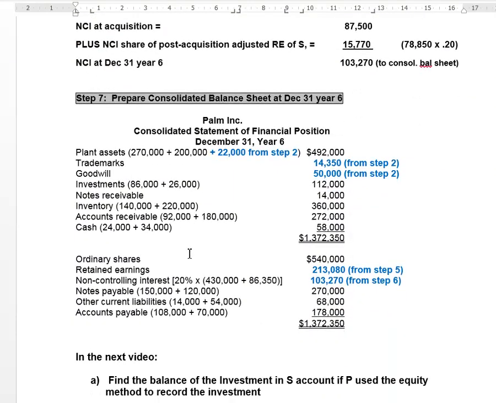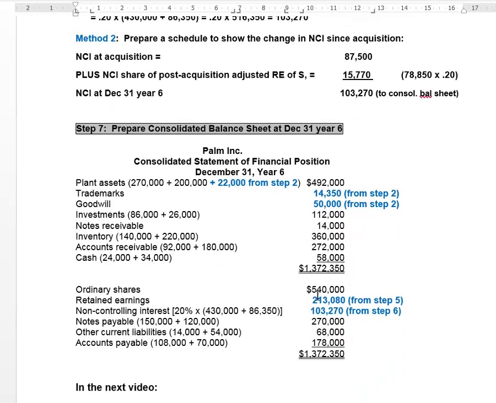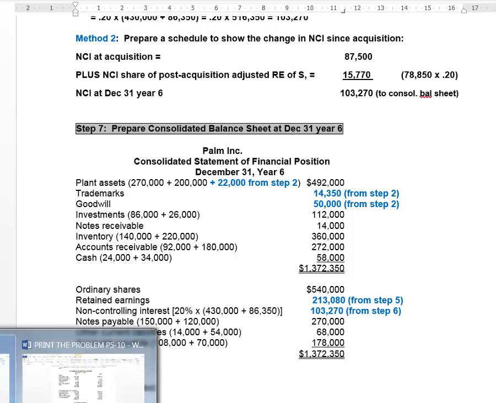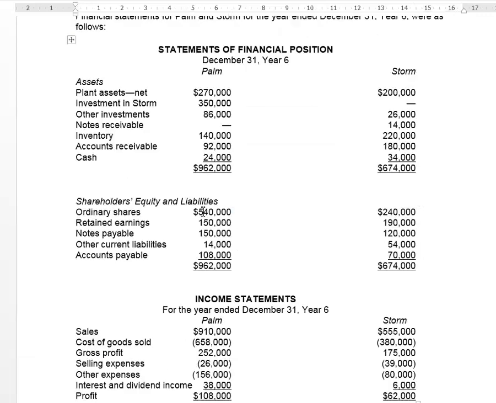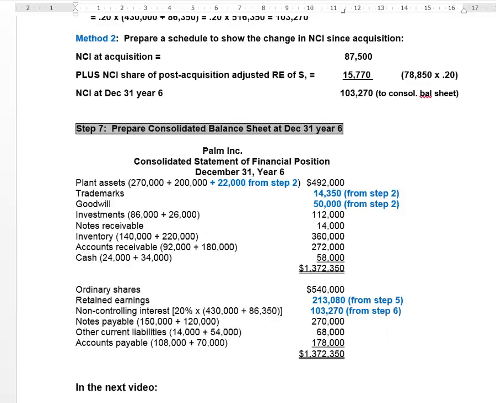So what do we have? You'll notice here in the equity section and liabilities, we have the ordinary shares and the retained earnings. Notice here that it's only the ordinary or common shares of the parent. We can see this if we have a look at the problem. We're only picking up the ordinary shares of the parent, right? And we are only picking up what we calculated in retained earnings from step 5.